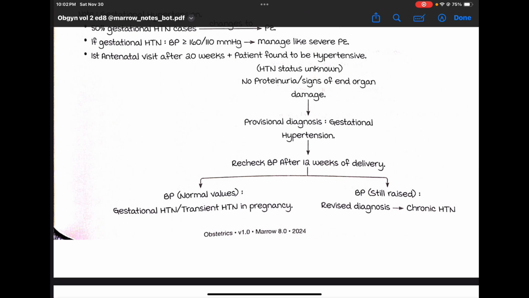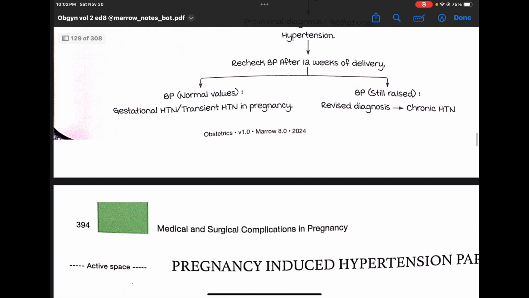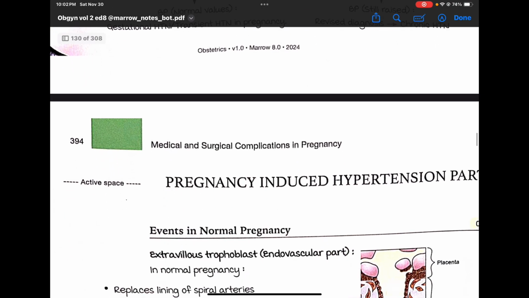Recheck blood pressure after 12 weeks of delivery. If blood pressure is normal, the diagnosis is gestational hypertension, transient hypertension in pregnancy. If blood pressure is still raised, the revised diagnosis is chronic hypertension.